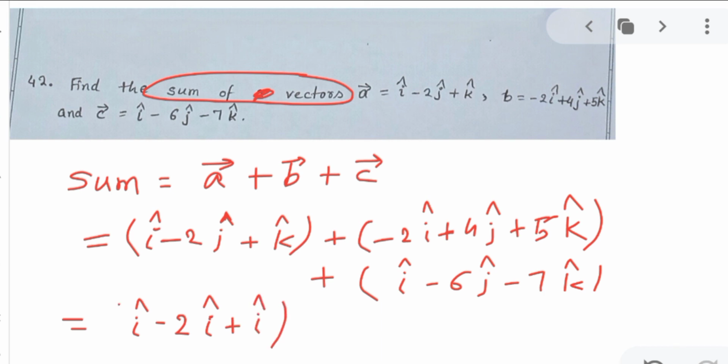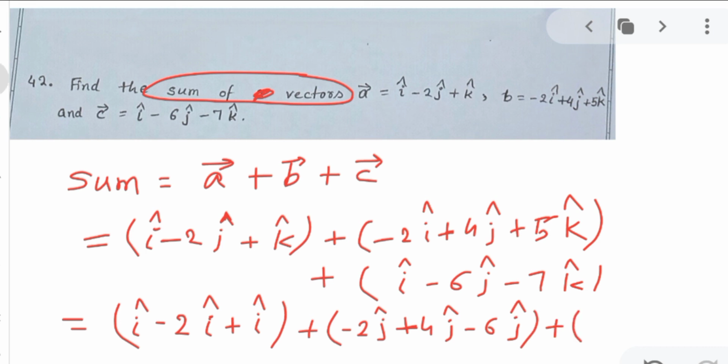So I will write i in one bracket, and j in one bracket. For j: minus 2j plus 4j minus 6j. Similarly, write k in one bracket: plus k plus 5k minus 7k.